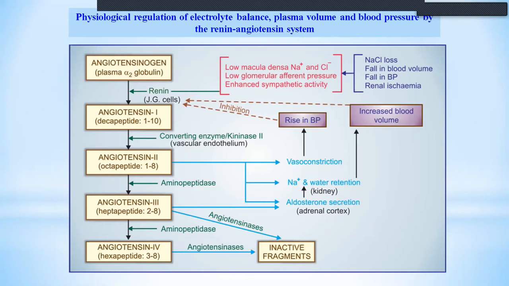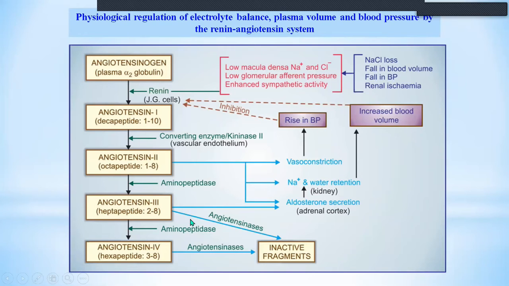And of course, angiotensin 2, also an octapeptide, causes vasoconstriction and increases the blood pressure, along with other biological mechanisms. Then the enzyme aminopeptidase acts on angiotensin 2, and angiotensin 3 is formed.